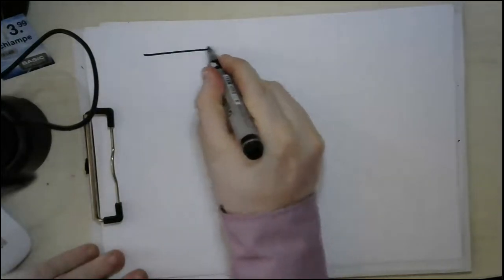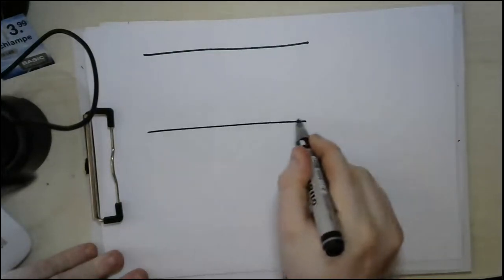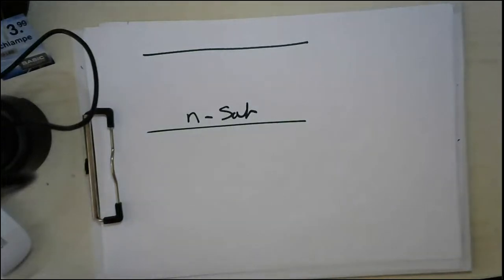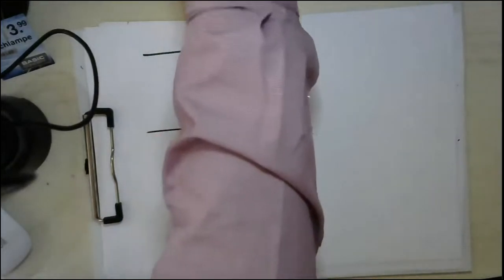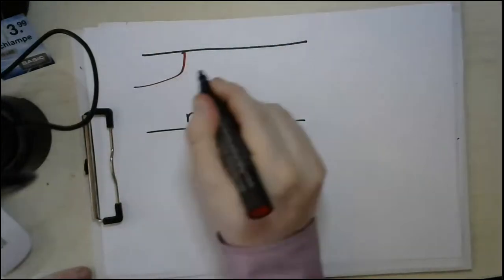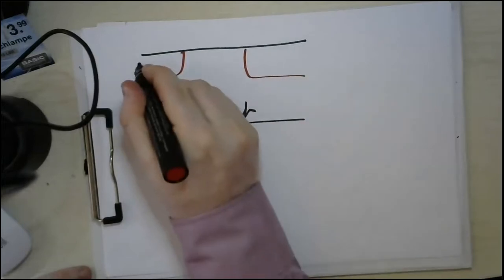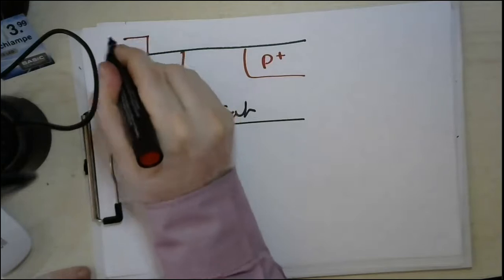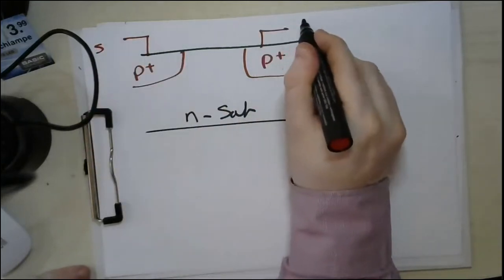So simply speaking, we have now an N substrate. And inside this N substrate, we have two doping wells, both are P plus, to indicate both the source and the drain.